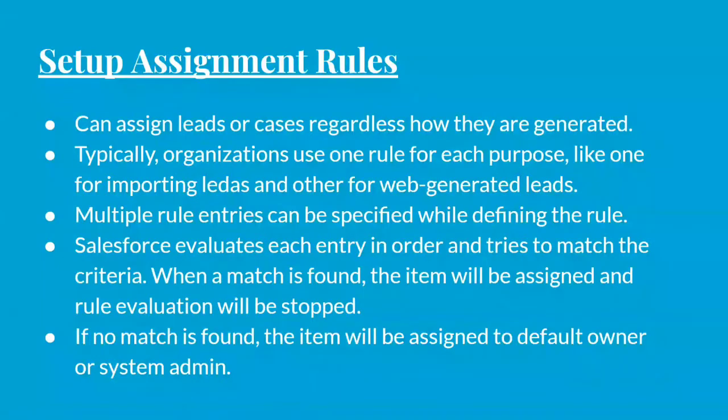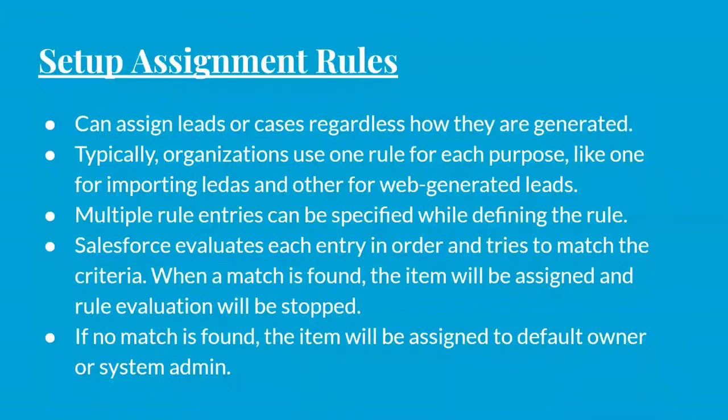Whenever it finds a match, the item will be assigned and the rule evaluation will be stopped, because there is no need to search for other rules. As soon as it finds the match, it will perform the action related to that particular entry criteria. If no match is found, the item will be assigned to the default owner or system admin.